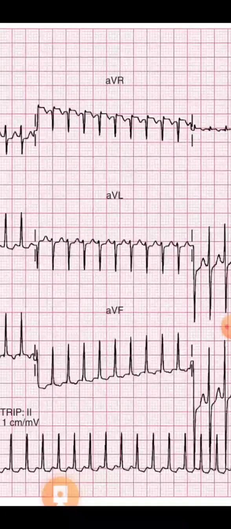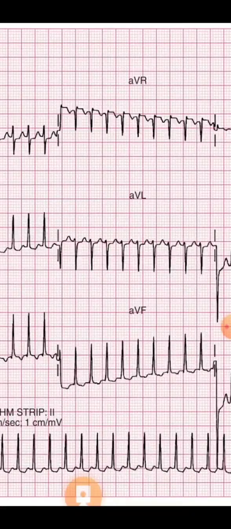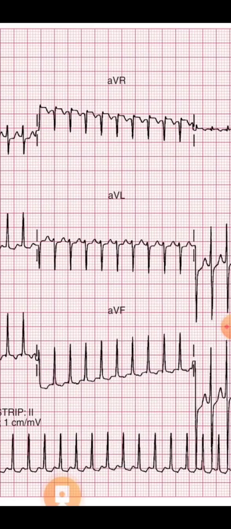Mostly in case of the orthodromic pathway, the P wave is visible, although it can be invisible or buried inside the QRS complex or even the T wave. But in most cases of AVRT with orthodromic pathway, the P wave is visible, and the RP segment duration is more than 100 milliseconds.